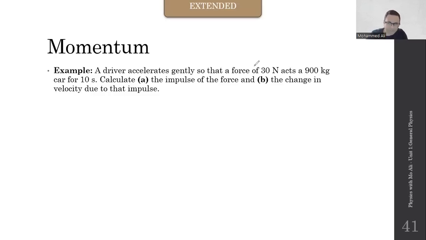A driver accelerates, so at a force of 30 newtons, acts on a 900 kilogram car for 10 seconds. Calculate the impulse. Whenever you solve questions, I want you to do what I do. I underline the numbers, and sometimes I even write letters on top of these numbers to give me a hint.